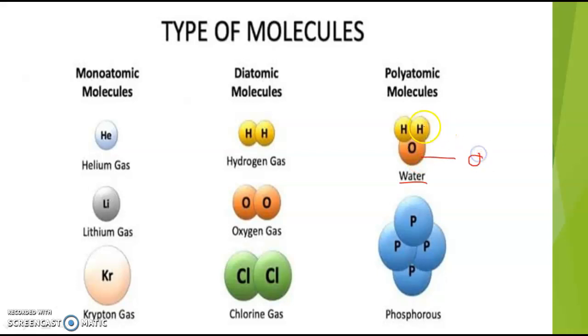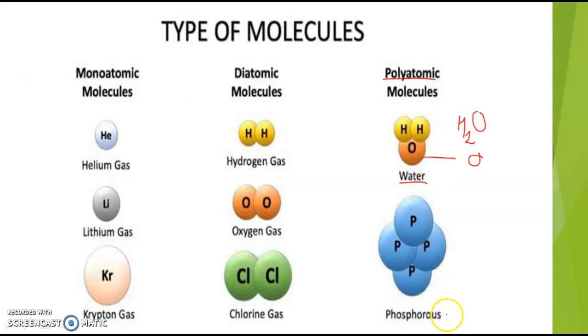This is oxygen and this is hydrogen. So they combine and form water, that is H2O. The water molecule is formed by different atoms of these elements, and they are more than two, so they are termed polyatomic molecules.